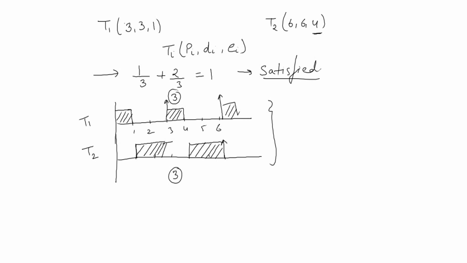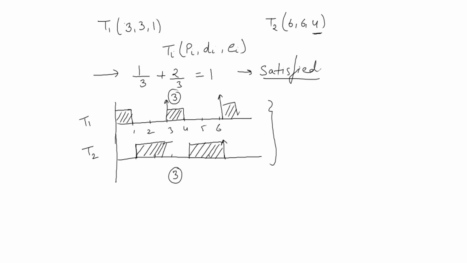This has a laxity time of 2, and this has a laxity time of how much? First you check here. T1 will be executed first. Now its laxity time is how much? 2, right? 2 is the laxity time here.